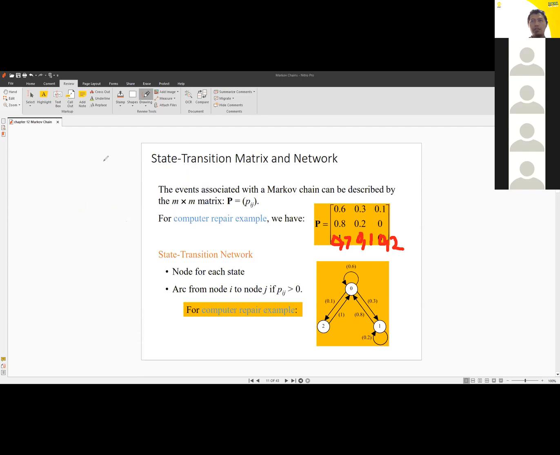So in this case, we make the network. This is 0, this is 1, this is 2, right?